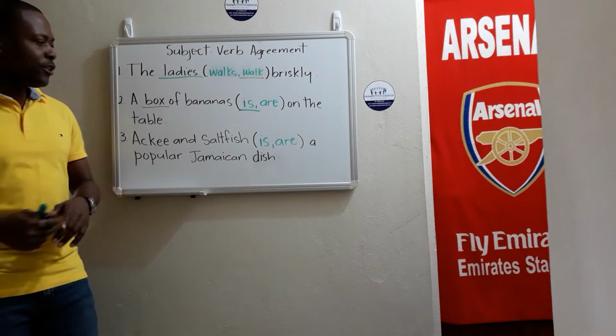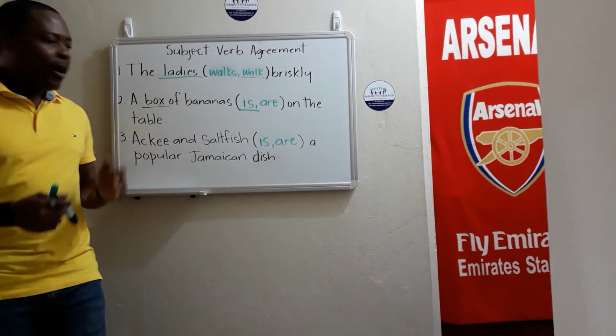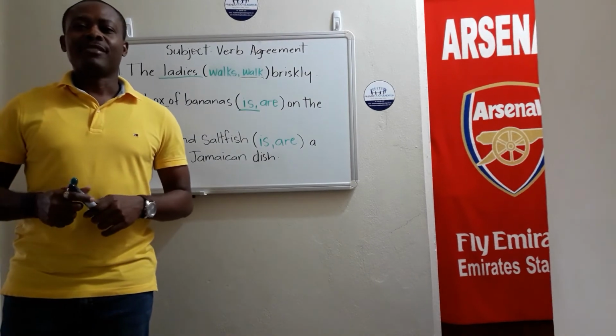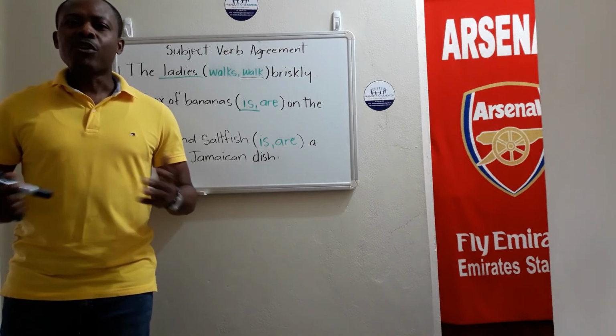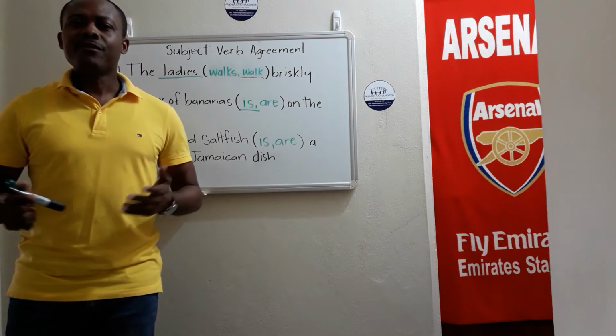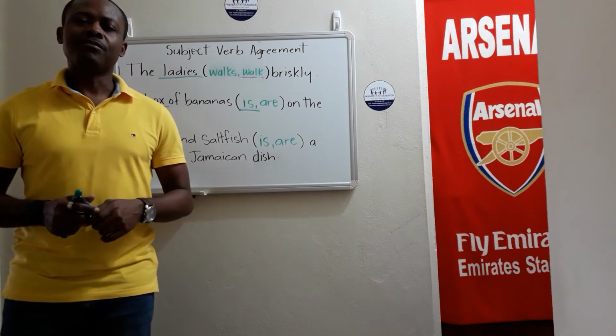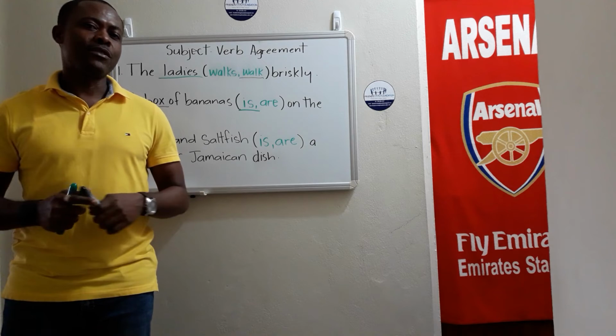Ackee and saltfish are a popular Jamaican dish. Ackee and saltfish. Sometimes we become confused in determining whether the subject is singular or plural, especially if we see 2 items.